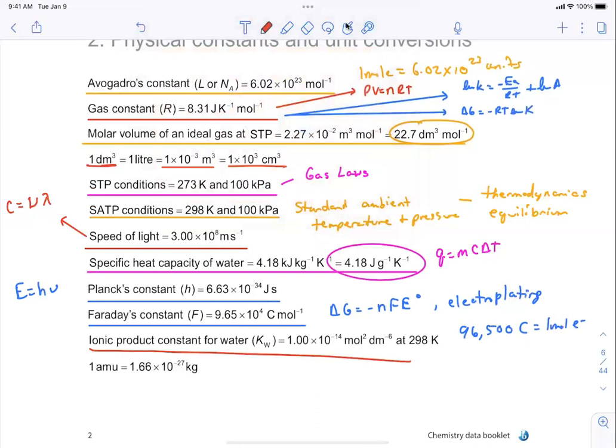Ionic product constant of water, 1 times 10 negative 14 at 298 Kelvin, that's standard. So that's SL and HL. So Kw is equal to 1.00 times 10 to the negative 14. For HL, there's a whole other table later on that outlines the dissociation constant for water. Yeah, that's just what that value stands for.